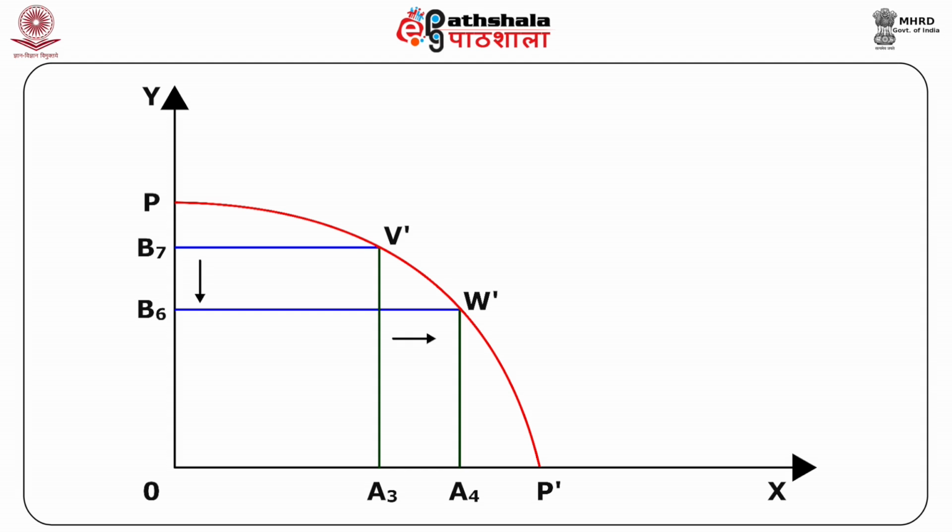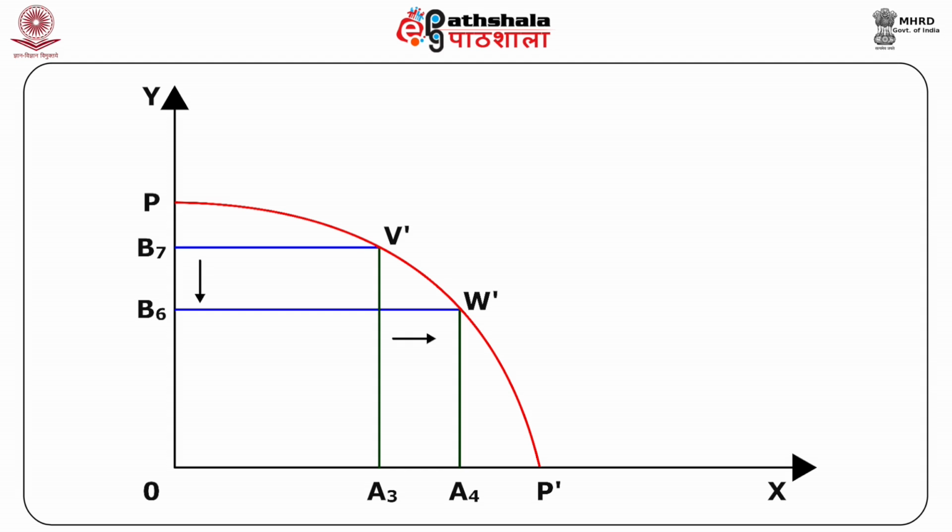We therefore have two illustrative points, one is V prime and the other is W prime, and this represents the two points of tangency in the Edgeworth contract, on the Edgeworth contract curve. But as we have said, as we move down in the case of production of Y from B7 to B6, the production of X increases from A3 to A4.